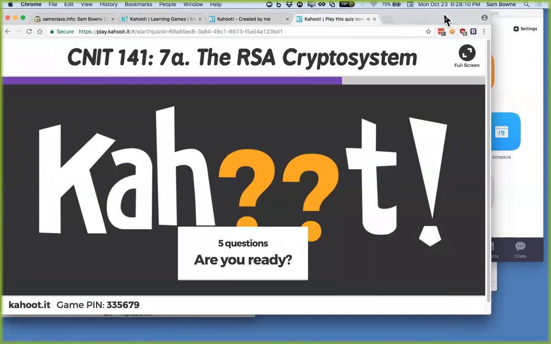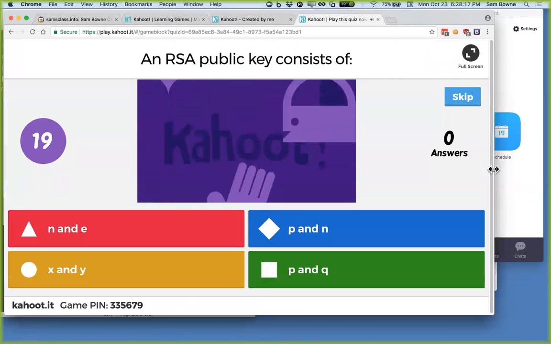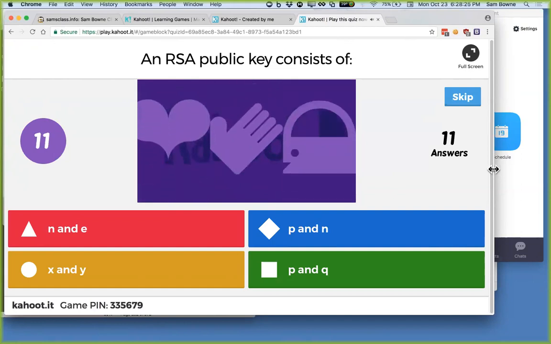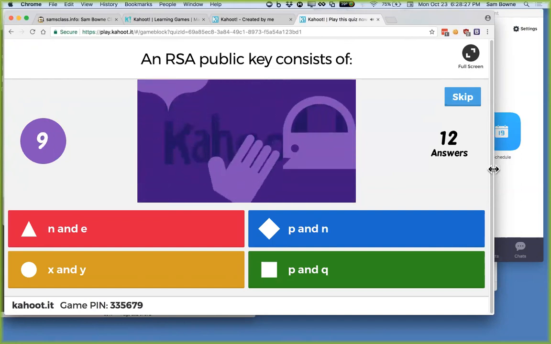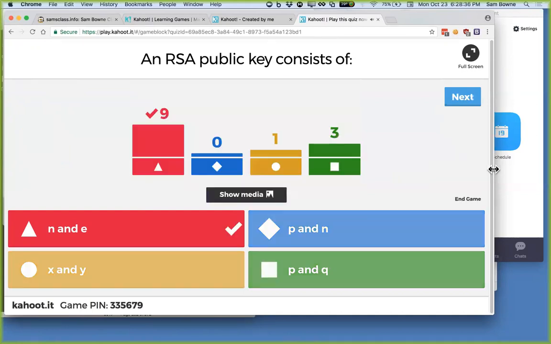Questions? All right, what's in the public key? All right, that's N and E. N is the large number.